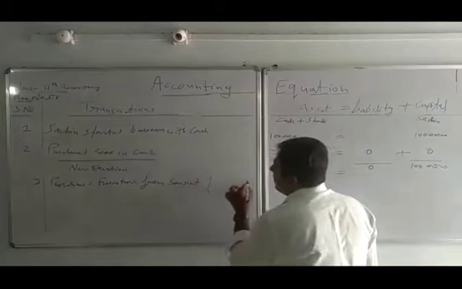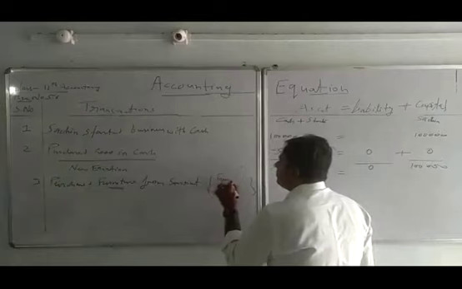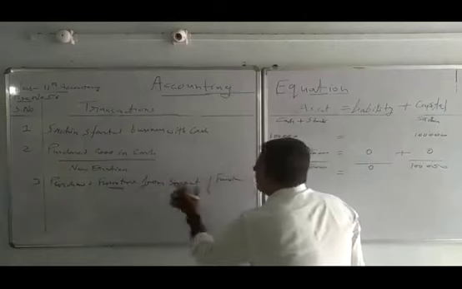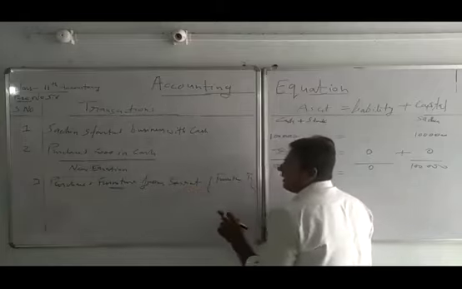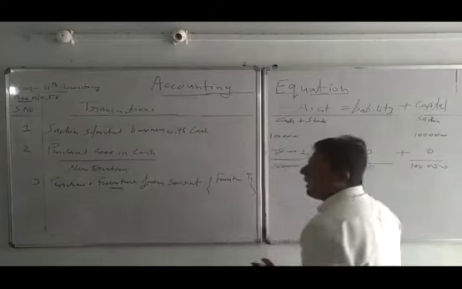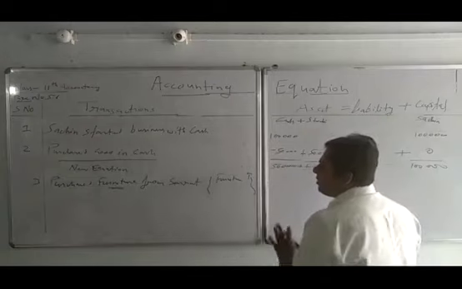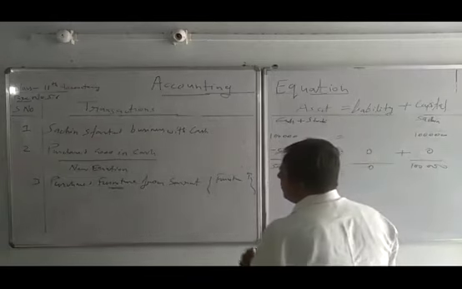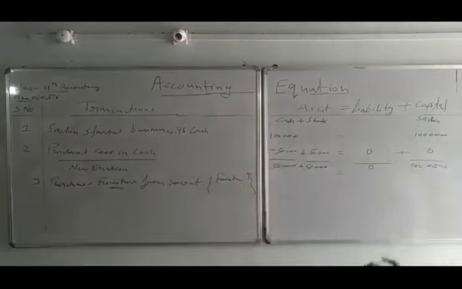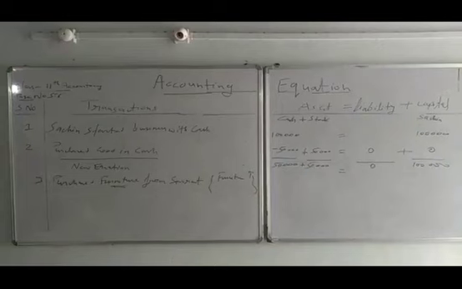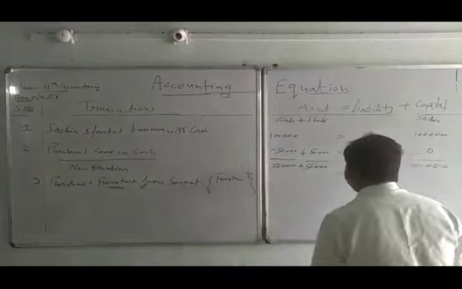So here two things are impacting. One is furniture: we purchased furniture, so furniture is increasing. From Samrat, who is the seller, that means we have purchased it on credit, not on cash. So liability will increase. Remember, here furniture and liability will increase.